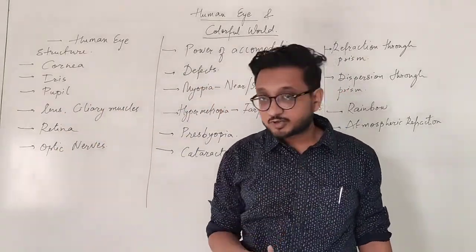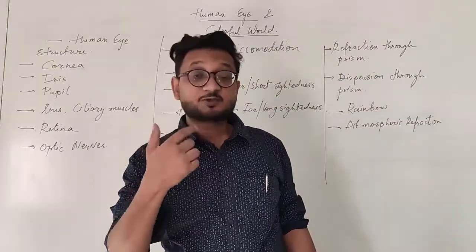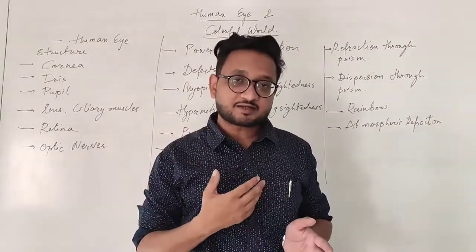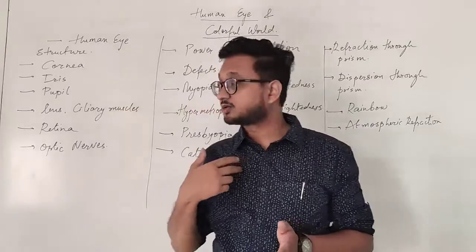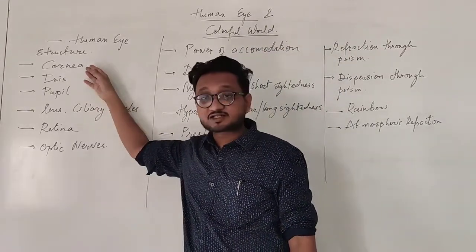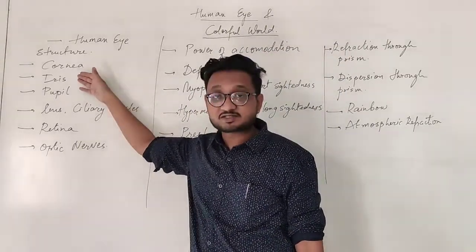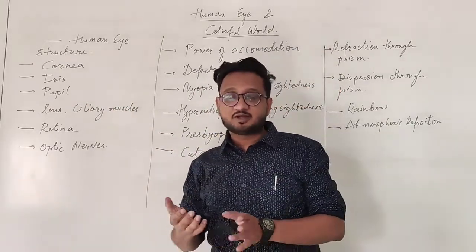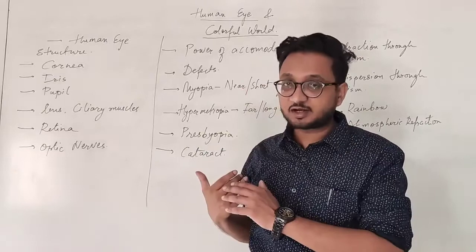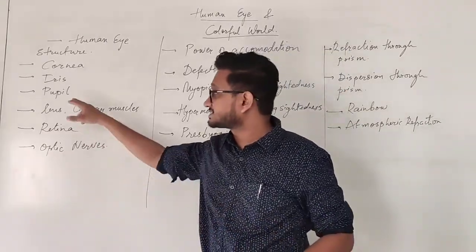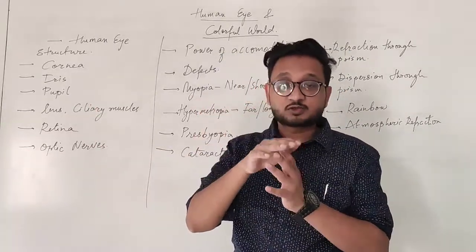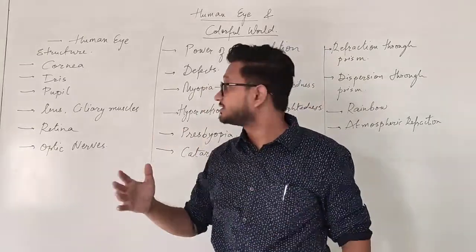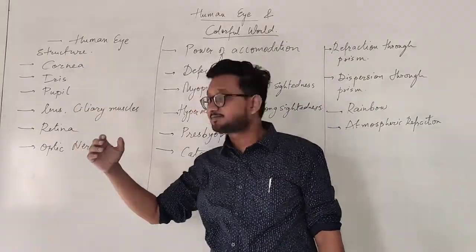So what is pupil? Pupil is a small hole through which the light actually enters inside our eyeball. Okay. So light is transferred from cornea and then iris, and iris has a small hole, the pupil. From that pupil the light enters inside our eyeball. Okay, and the size of pupil, that is the hole through which the light enters, is controlled by iris.